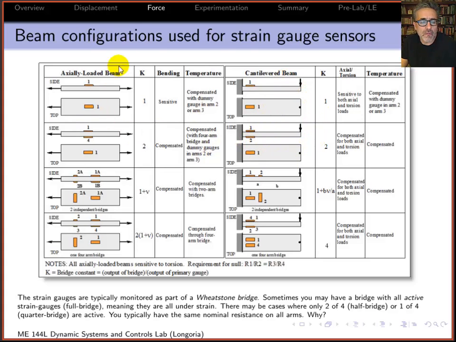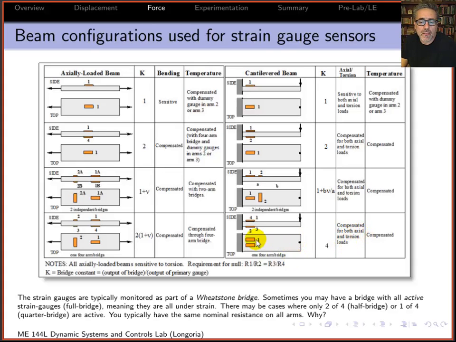So what this table does is show you different ways that strain gauges can be mounted. I really want you to mostly focus on what we'll call the full bridge configuration, which is this bottom one here. It has 2 strain gauges on top and 2 on the bottom, and they're wired as a Wheatstone bridge. And the nice thing about this, if you look at these 2 columns, is it's compensated both for axial and torsion load.